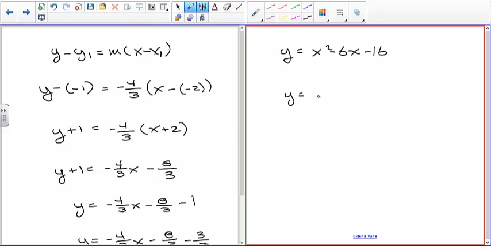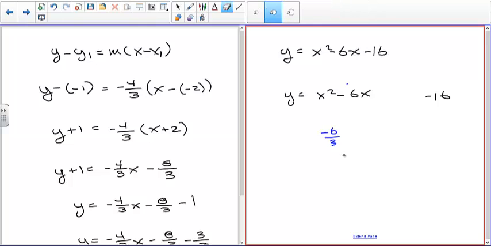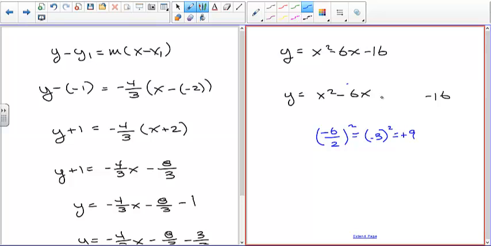So what you do is you take the terms of the variables and separate them from the other one. You take this coefficient, negative 6, divide by 2, and you square it. So negative 6 divided by 2 is negative 3. Negative 3 squared is plus 9. So we add 9 here, and we subtract 9 there.